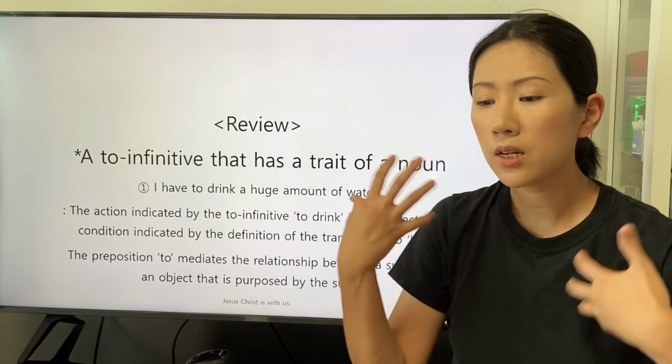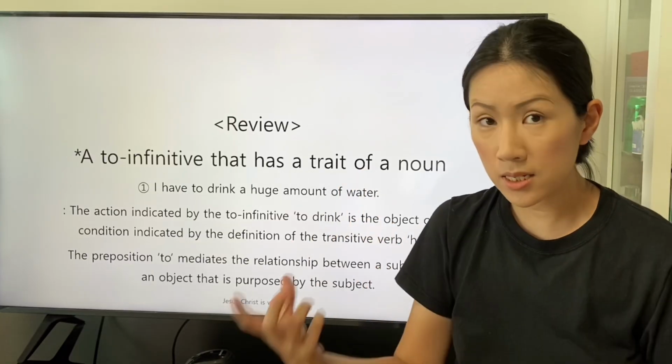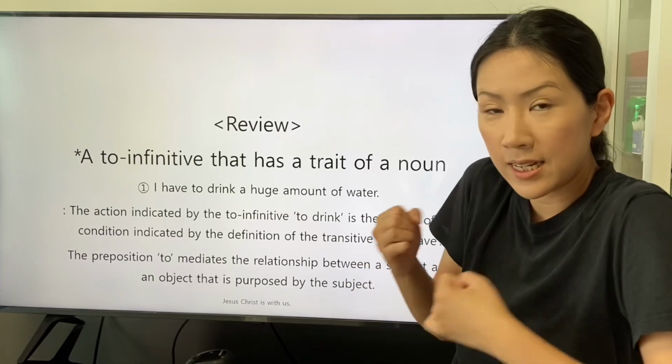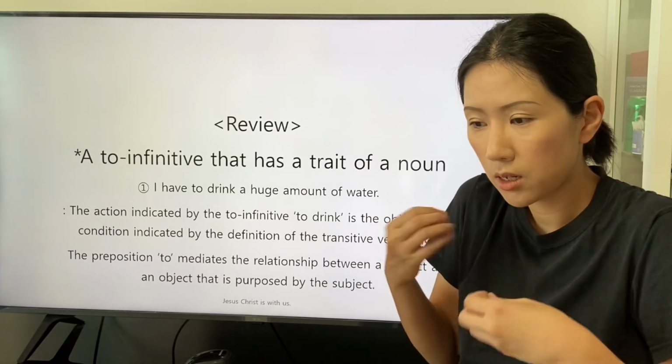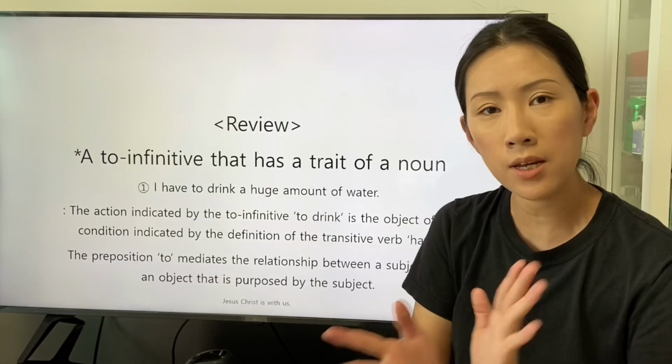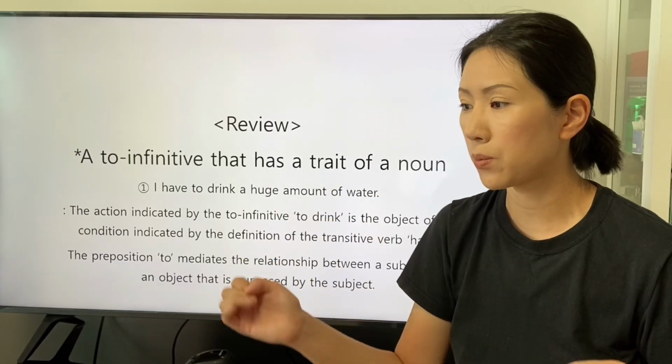So the speaker states this clause in a way that the subject is going, the subject is actualizing the action indicated by the intransitive verb go.